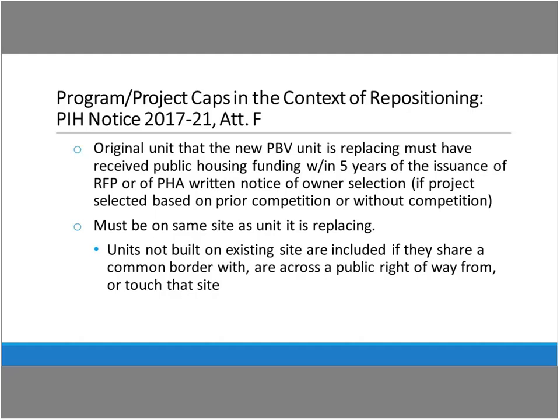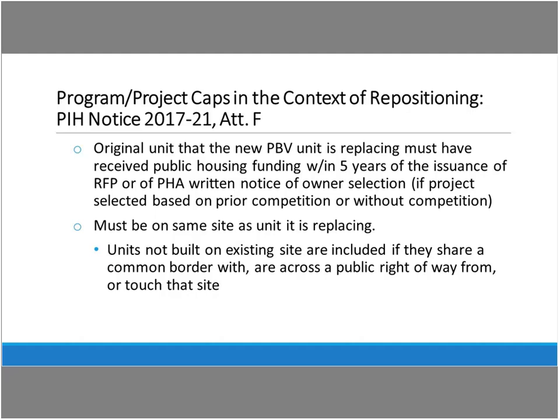The units that are receiving the project-based vouchers must be on the same site, and you're constrained by the number of units that were on that site as it operated as a public housing site in the past.